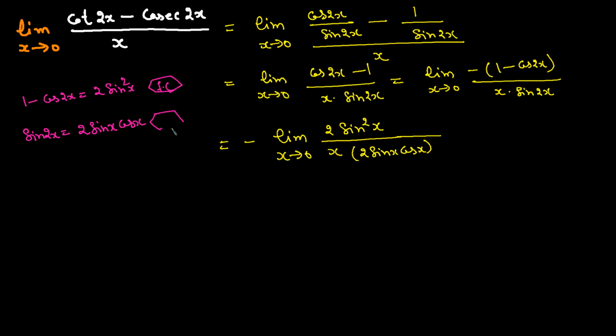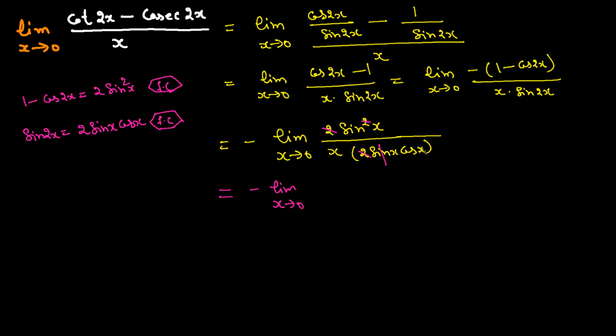Again, flashcard, you can remember those identities. So this 2 will cancel this 2, and one of the sines will cancel this sine, leaving sine x over cosine x, so negative limit as x approaches 0.